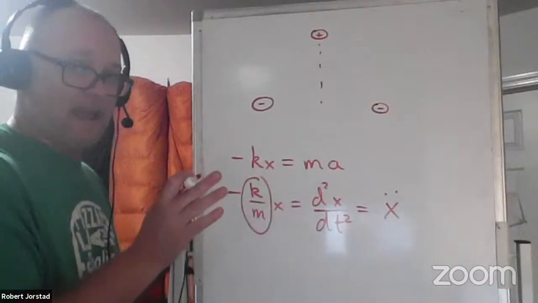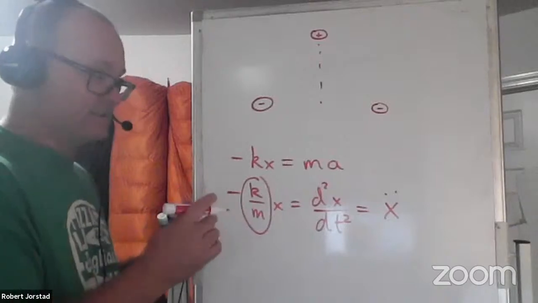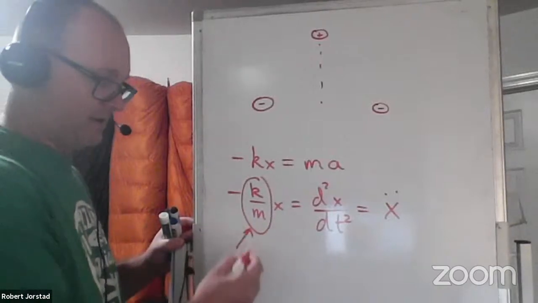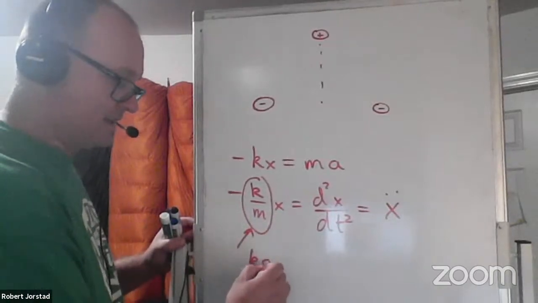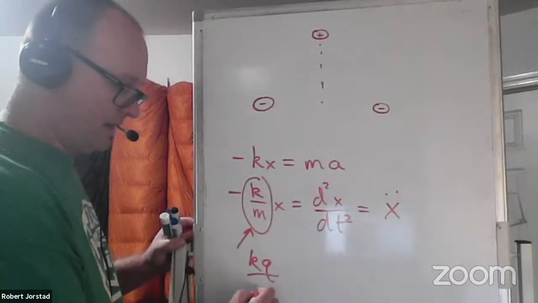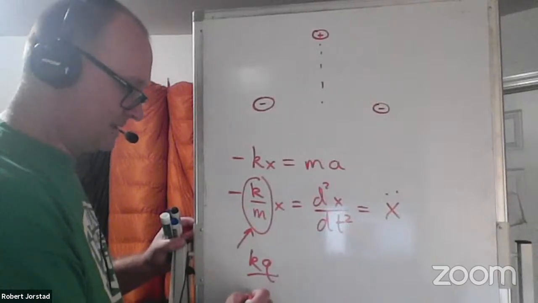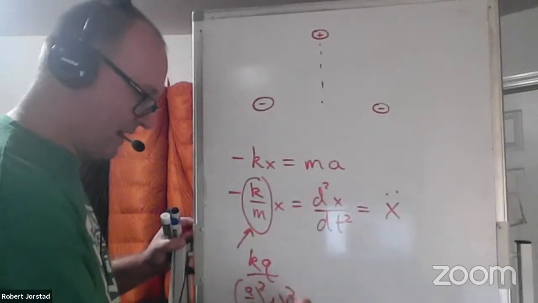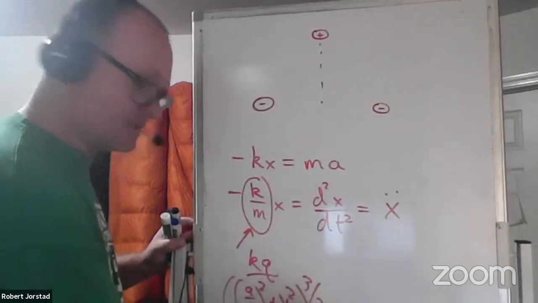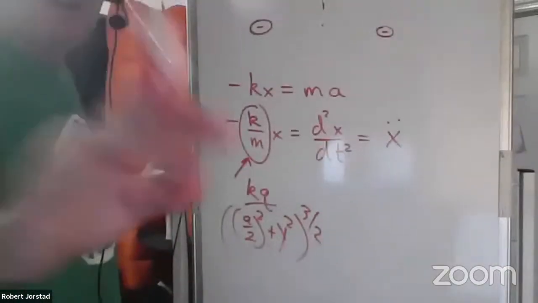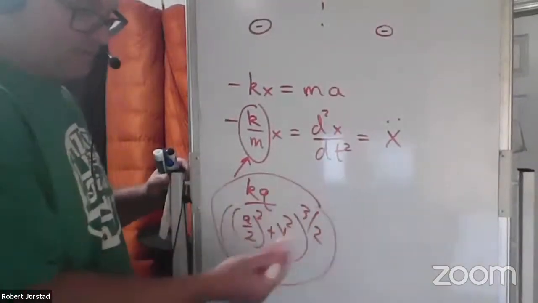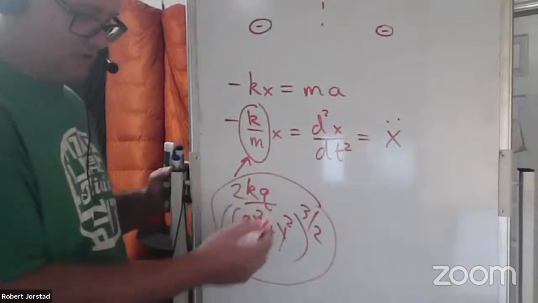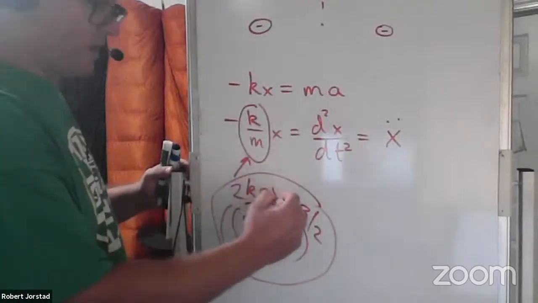And I don't think we have that, because what we have is some complicated formula here that has k q over, it's going to be like a over 2 quantity squared plus y squared quantity to the 3 halves. We're going to have some big ugly mess from the Coulomb force like this, times 2, and there's a y up here.